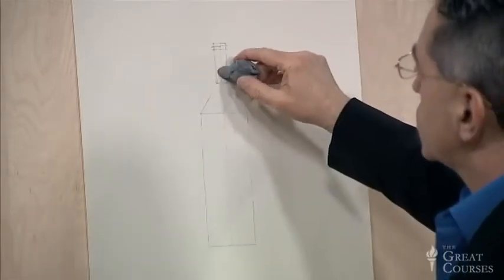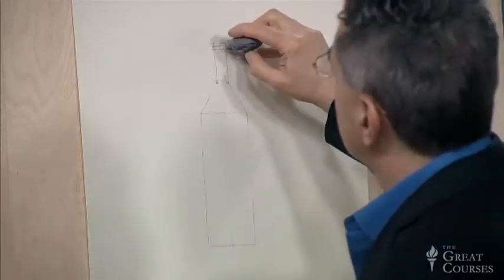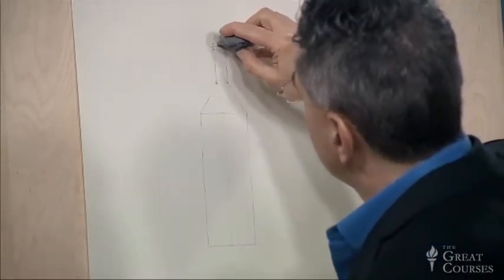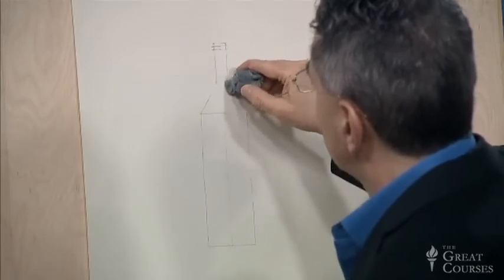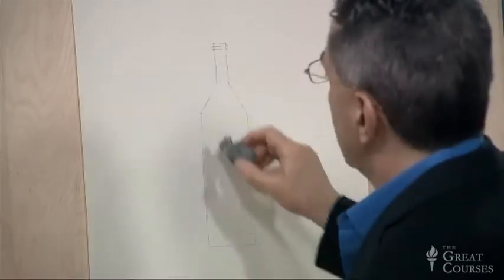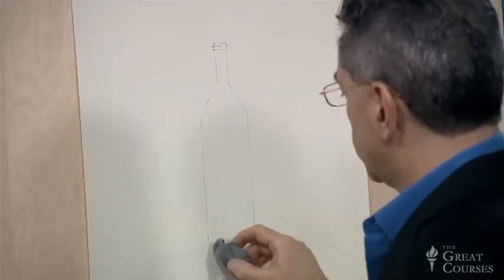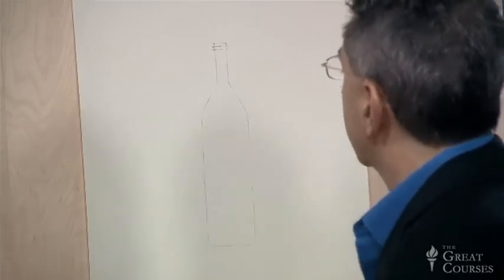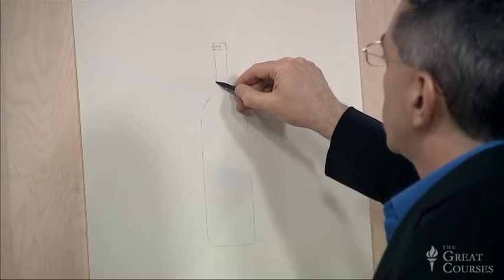Now we can erase our center line, we can erase some of our construction shape, erase what we don't need. And we can soften the hard corners. Get a little erasing there. And then we can just round through a little bit.